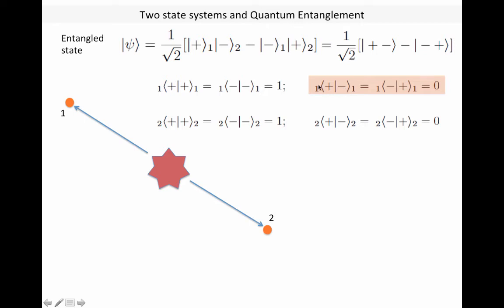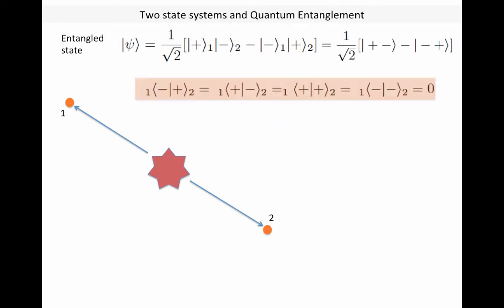So they hold for electron 1, and they also hold here for electron 2. But the inner product of a ket state with a bra state which refers to a different electron is always 0, even if it's the inner product of plus with plus and minus with minus.